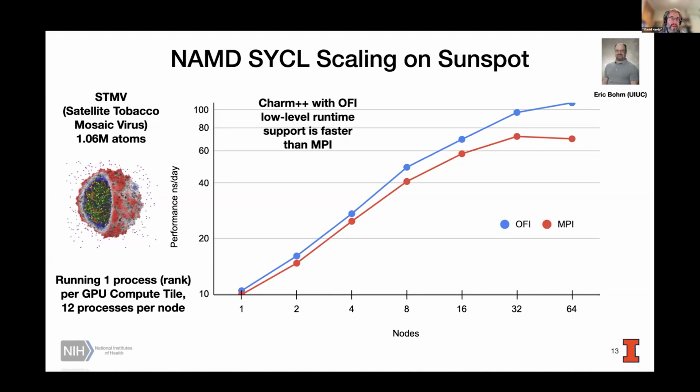Instead of being a message passing interface like MPI, this allows us to do a lot better overlapping of communication and computation.